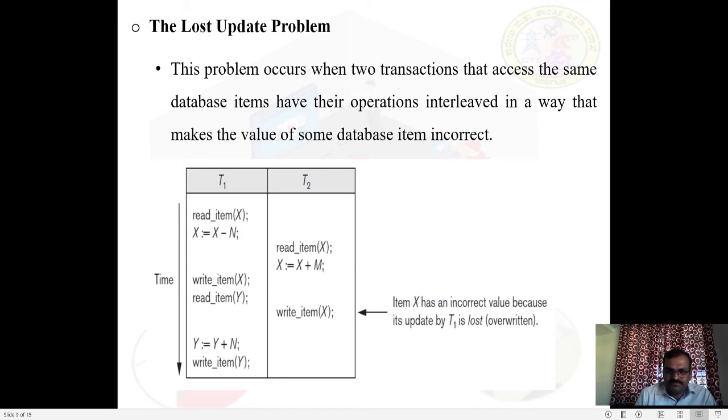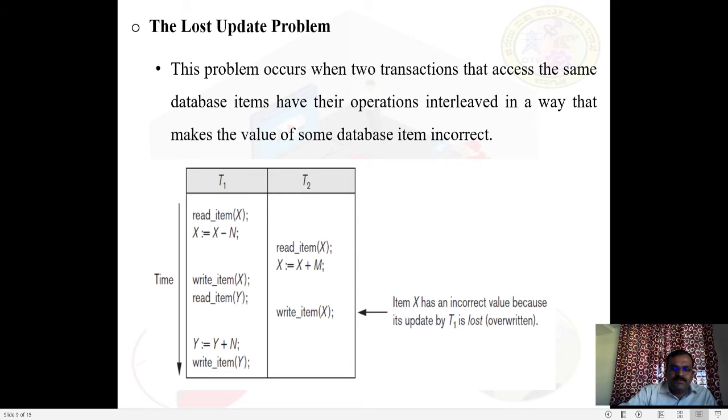In this case, the final value of item X is incorrect, because T2 reads the value of X before T1 writes the updated value of X onto the database, and hence the updated value resulting from T1 is lost. This is called the lost update problem.